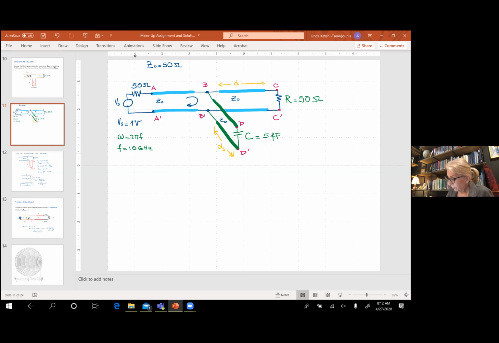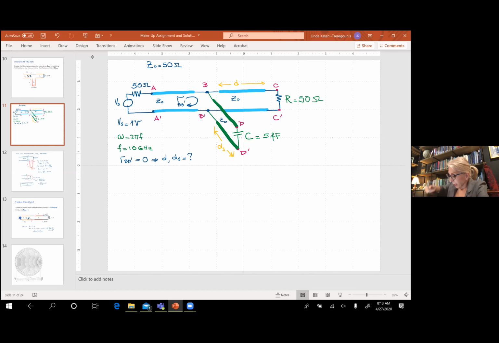So we need to have gamma at BB prime equal to 0, which means that we need to find D and D sub s.